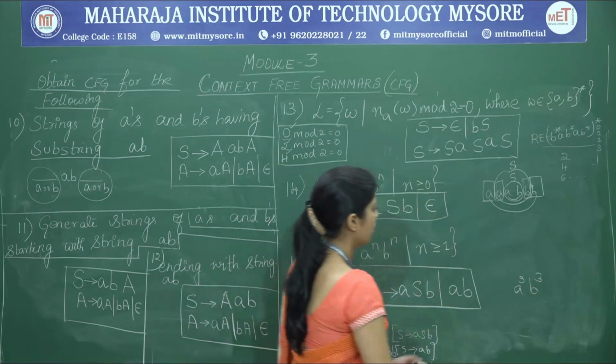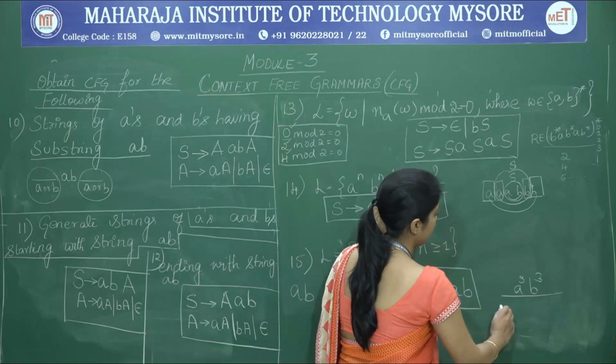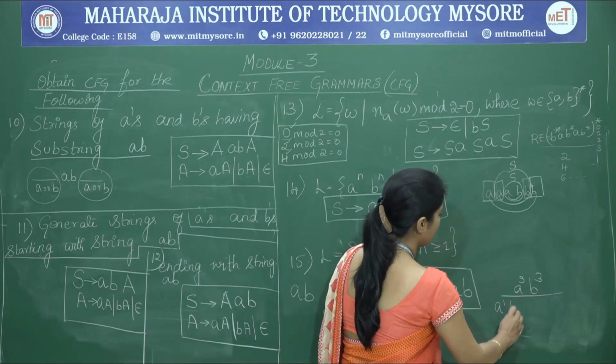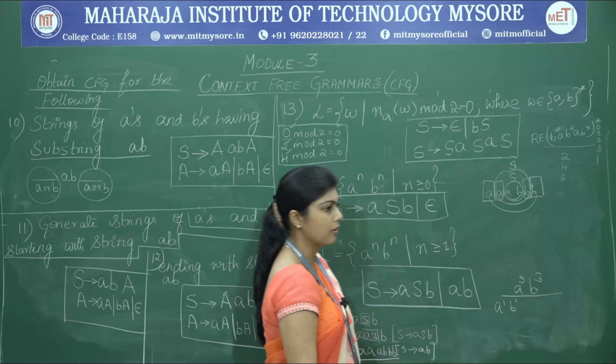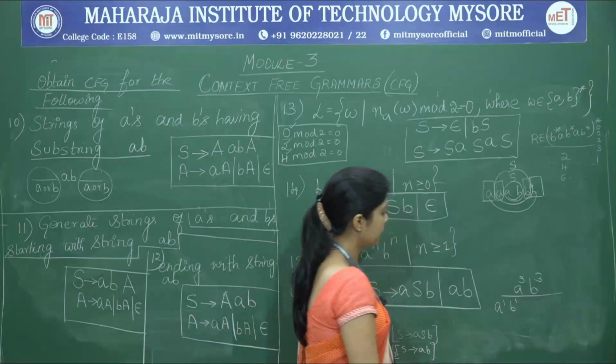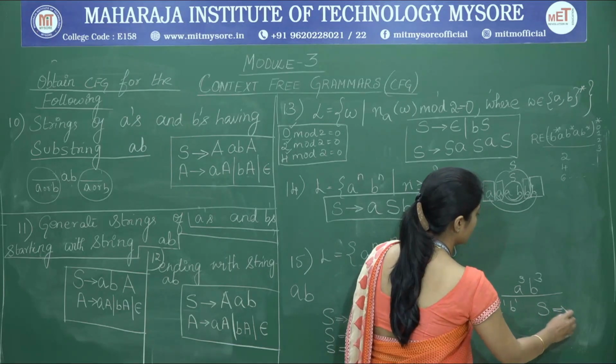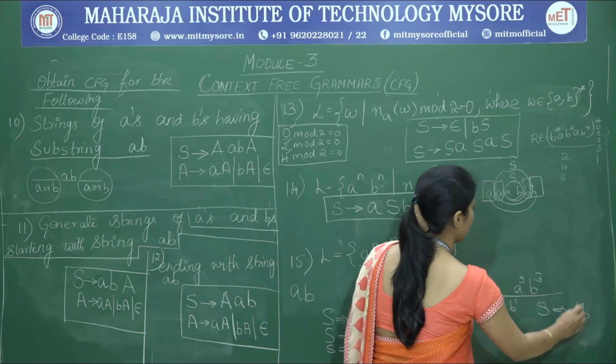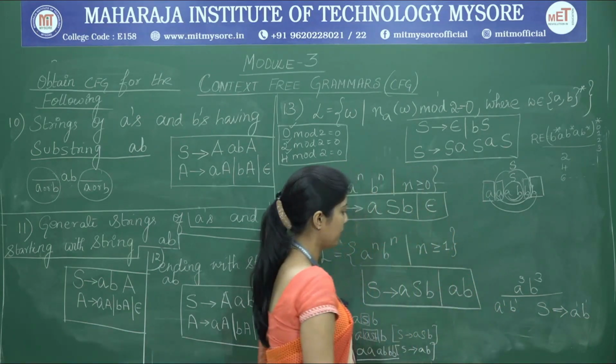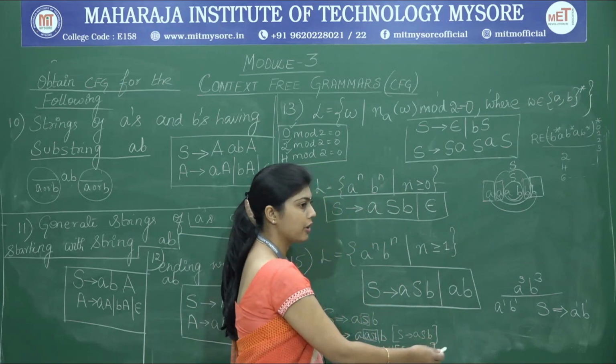Okay. Here I now require A to the power of 1, B to the power of 1. Which production rule am I going to use in the derivation? S goes to AB. So here A to the power of 1, B to the power of 1. We have seen 2 derivations.